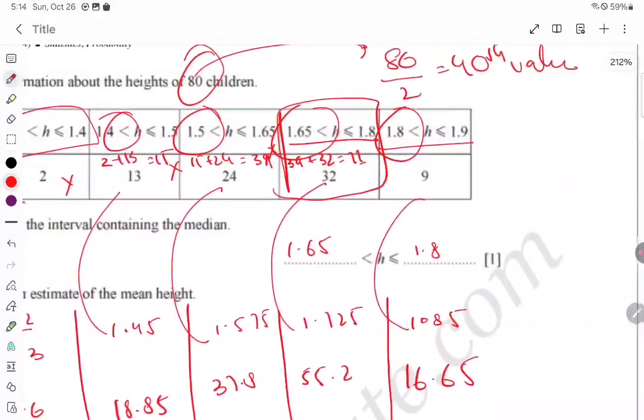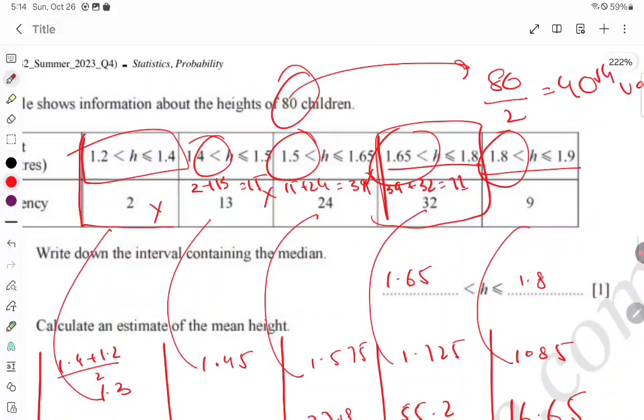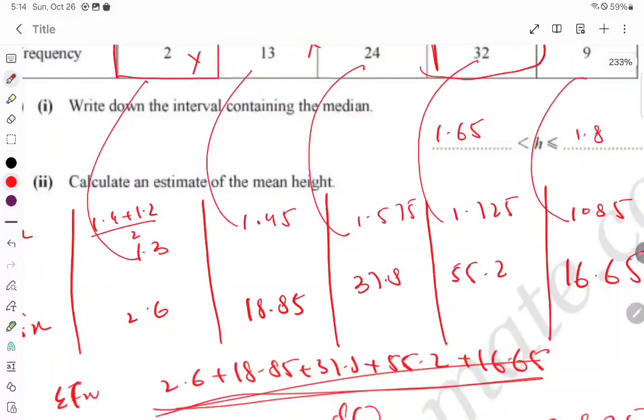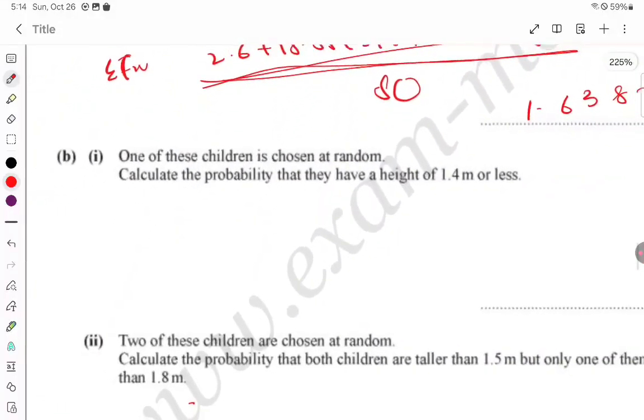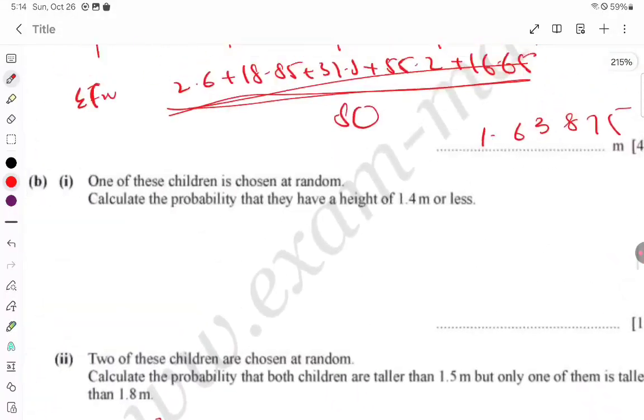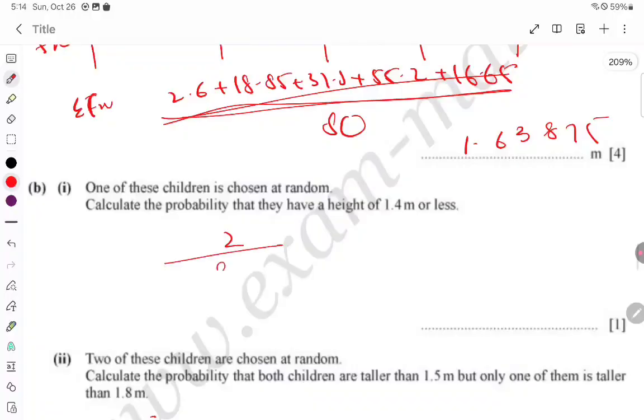So we can consider only this column, the first one. For that, we consider only the second frequency, because no other frequency is added, divided by the total, and it will give you the value of 1 over 40.